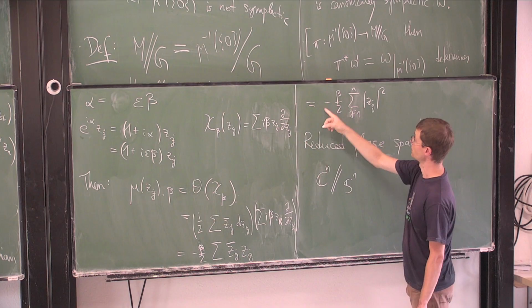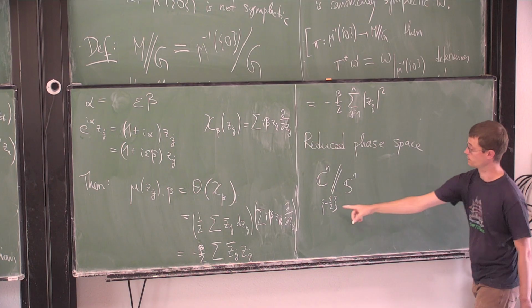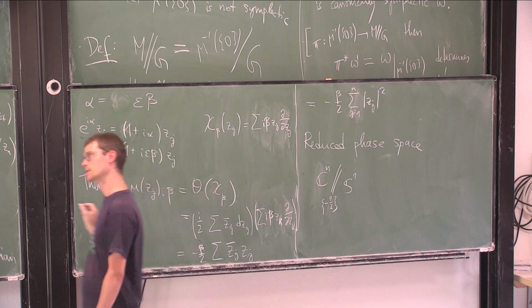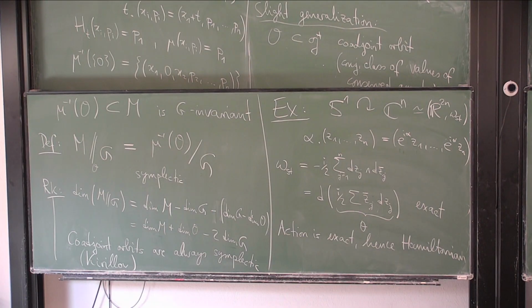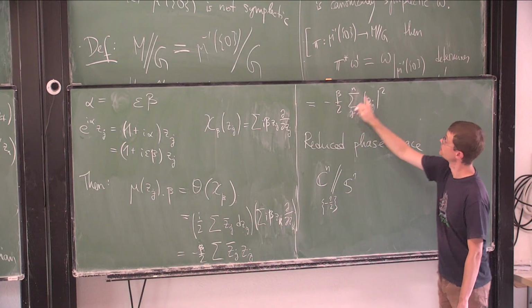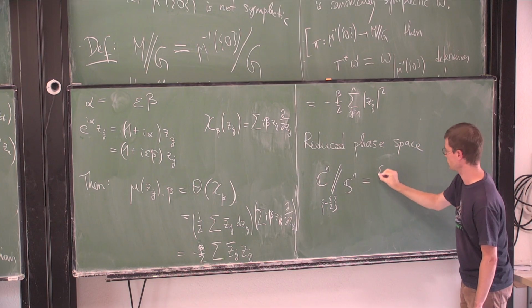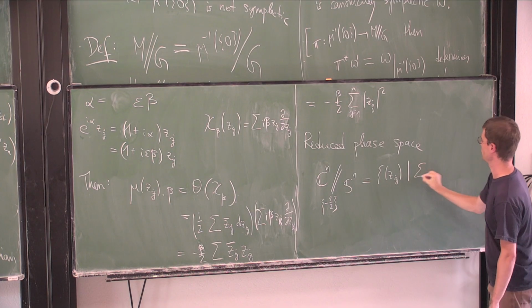So we should actually take the level minus 1/2, so this should be the set of z_j such that the sum is 1.